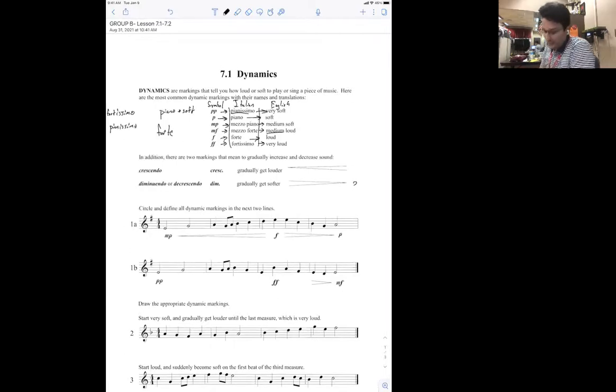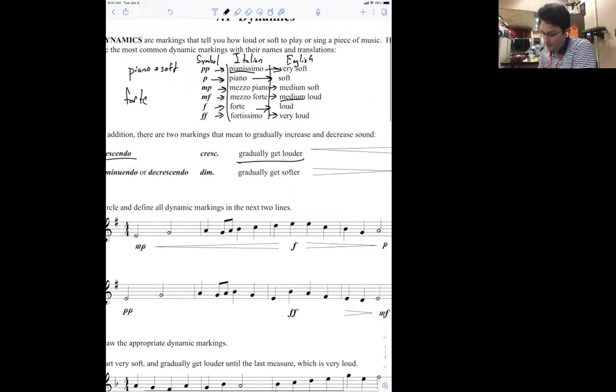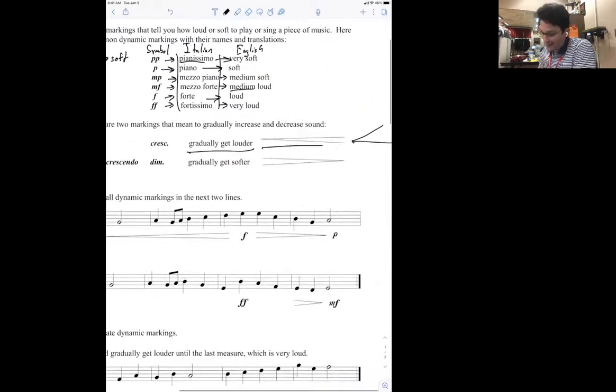If we're gradually getting louder, we have a symbol that looks like this, where it starts small and then gets bigger. That term is crescendo, which in Italian means gradually get louder. That can either be shown by this symbol right here, or you may see it abbreviated as CRESC period. Those mean the exact same thing. They both are telling you to gradually get louder.